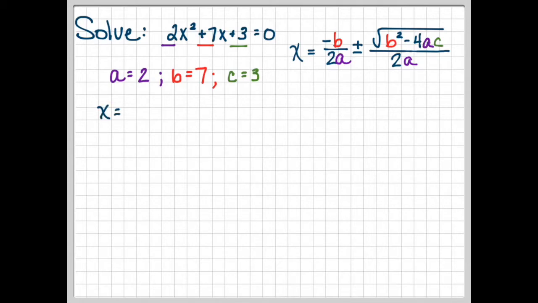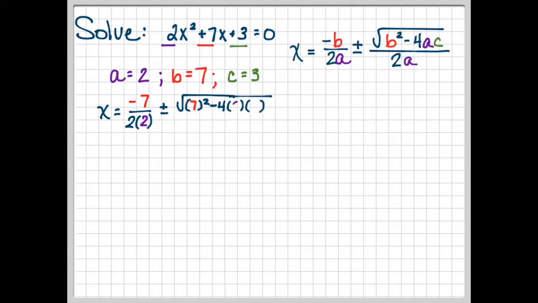X equals the opposite of b, so it was a positive 7, so it's negative 7, over 2 times a, and in this case our a is 2, plus or minus the square root of b squared, and again, you can keep it in parentheses, and then put our b inside those parentheses so we can square it, minus 4 times a times c.